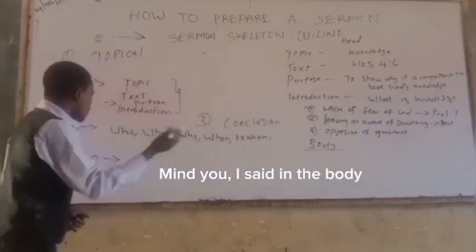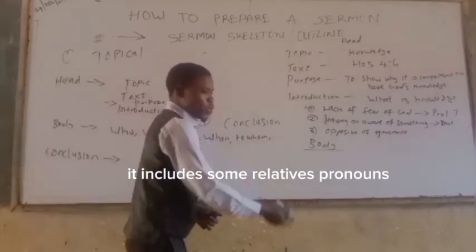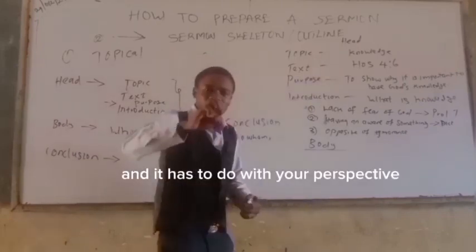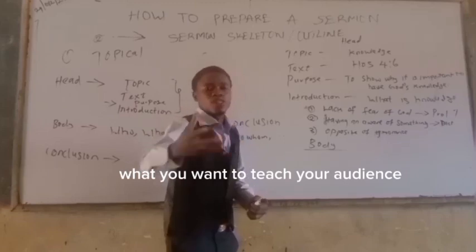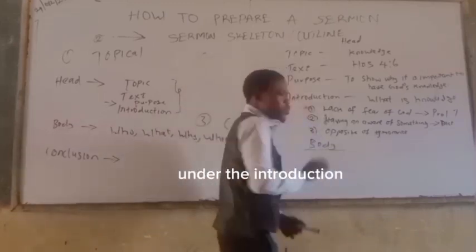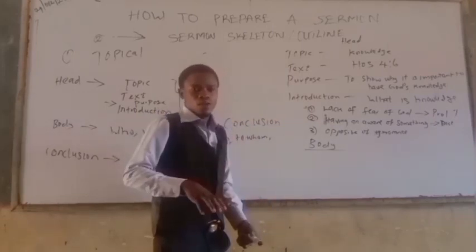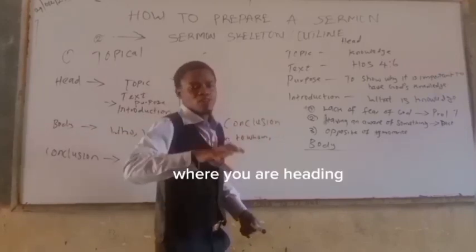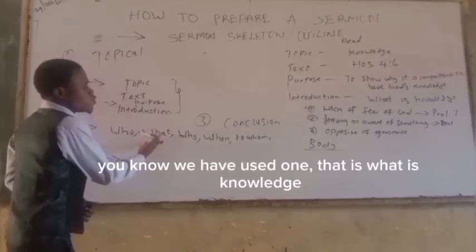Mind you, I said the body includes some relative pronouns. You will ask questions regarding this, and it has to do with your perspective, your point, what you want to teach your audience. Although, under the introduction, you must have included what you really want to do. Some people among your audience must have known where you are heading. Now, under the body, we have used what?